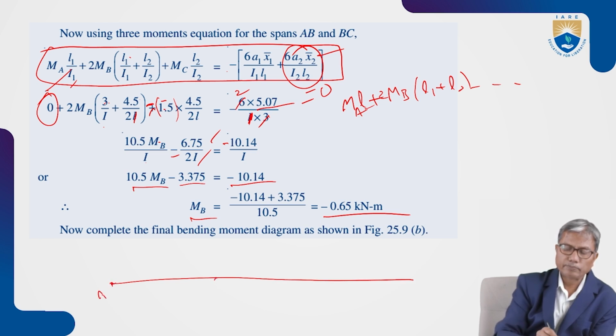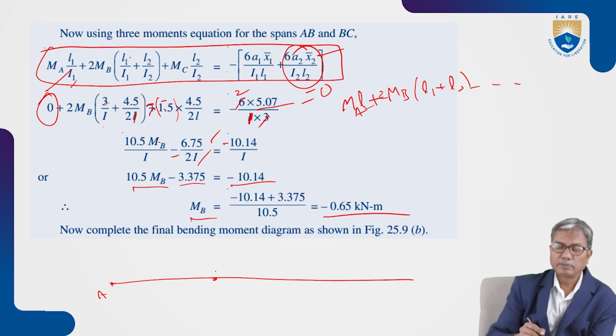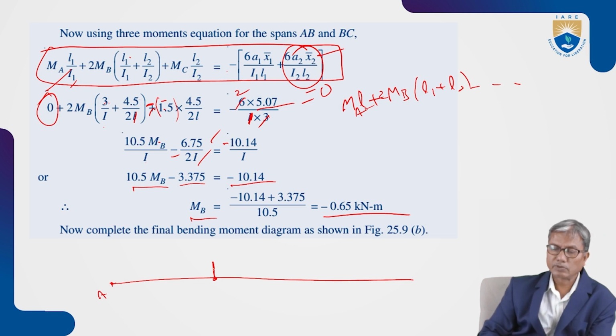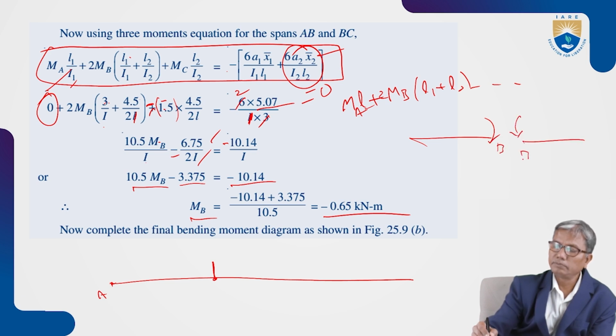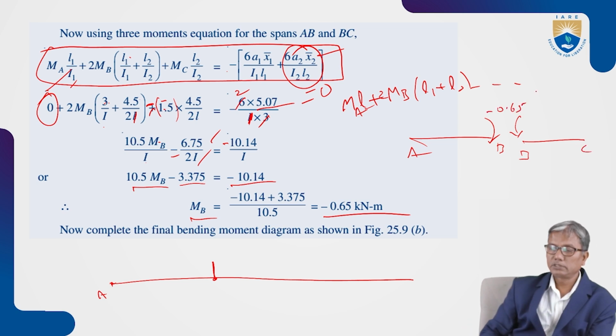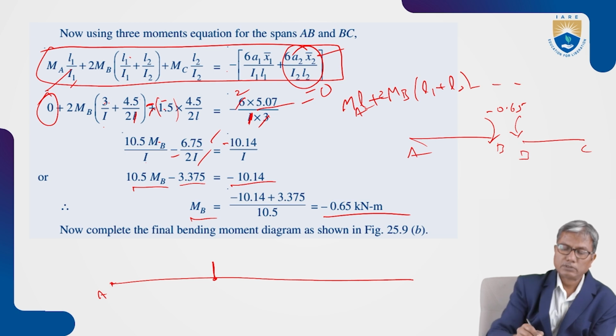At B, bending moment is minus 0.65, considered for both BA and BC. So this is the fixed bending moment.